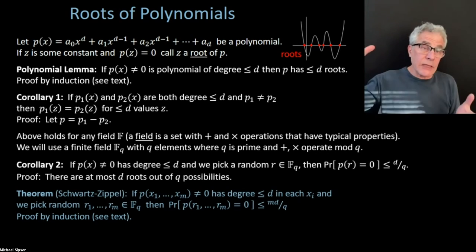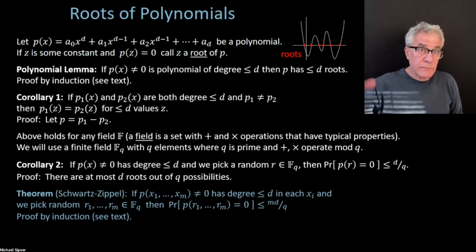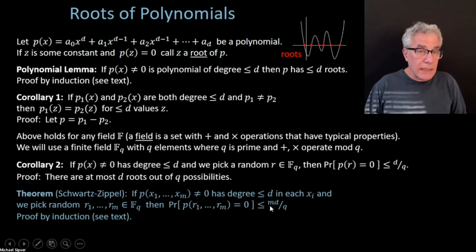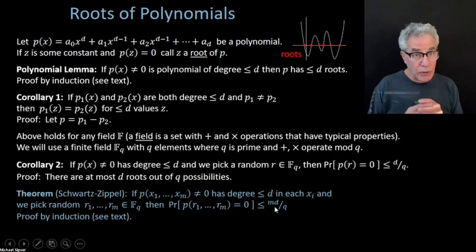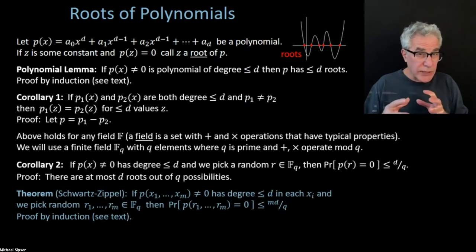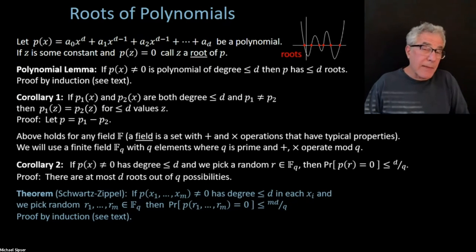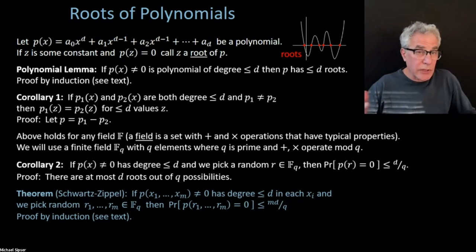So we're going to pick the field to be big enough so that m and d are relatively small. In fact, d is going to end up being 1, as we will see. And m is the number of variables. So we're going to pick q to be substantially larger than the number of variables.